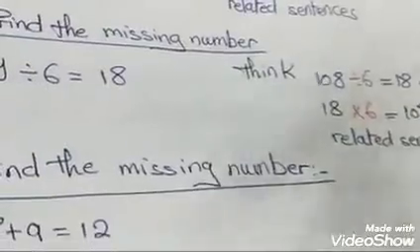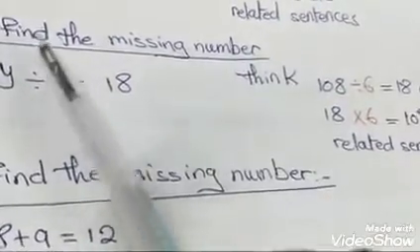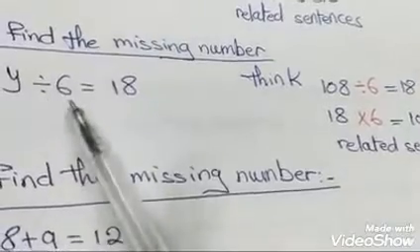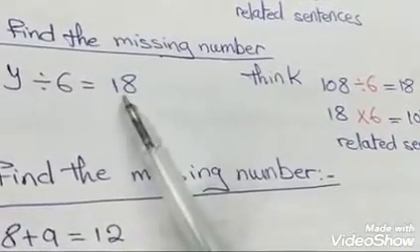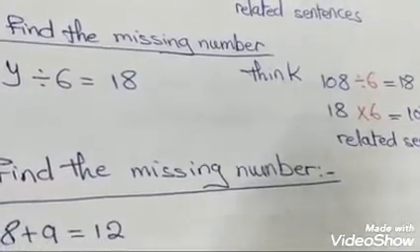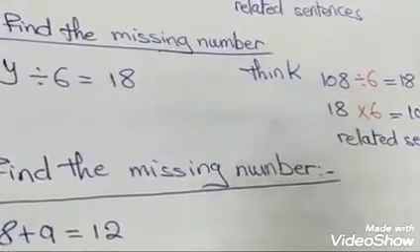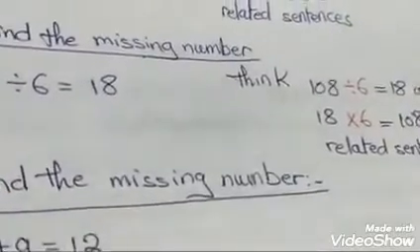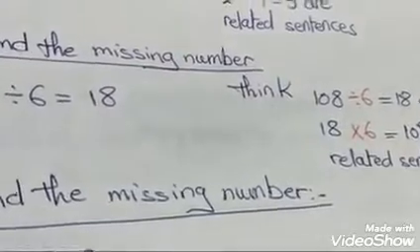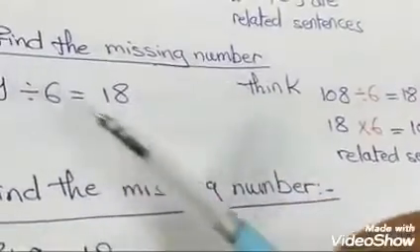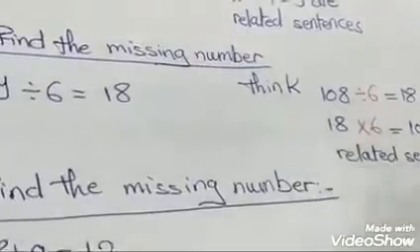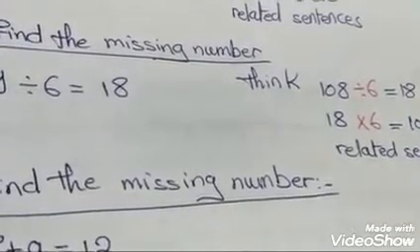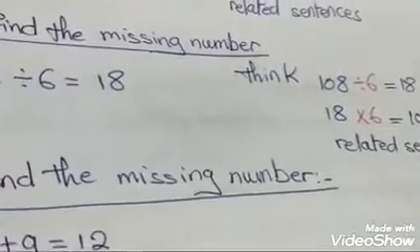Now we'll have an example to understand it more. Find the missing number: y divided by 6 equals 18. Think about it: what is the number that I can divide by 6 to get 18?